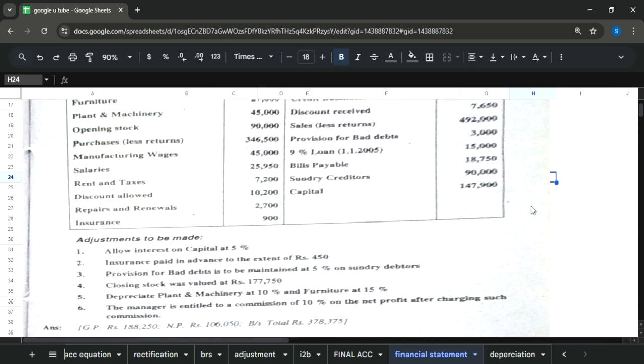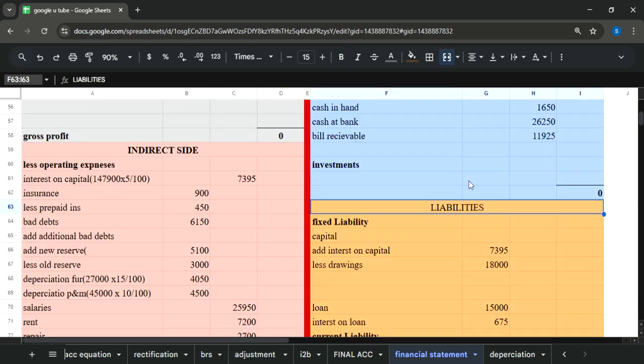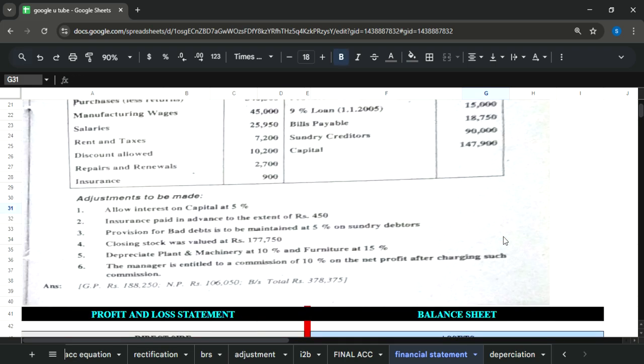Okay guys, then we have capital 147,900, and you will mention over here 147,900. Capital is also written. So guys, you can see that this was the last element present on the right side of your trial balance. What does that mean?